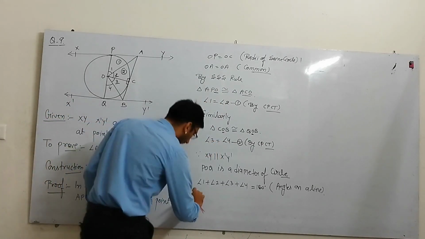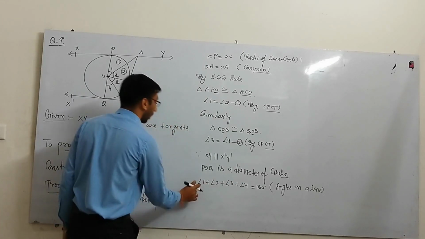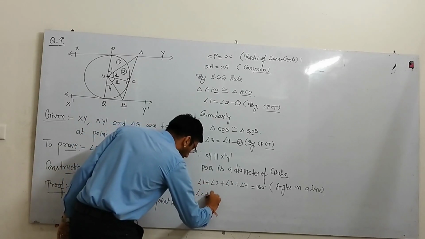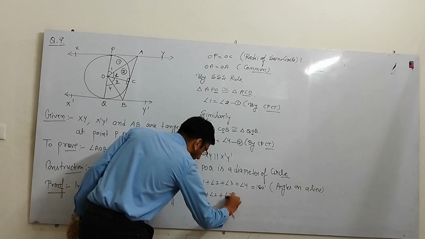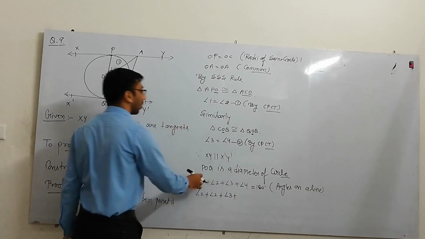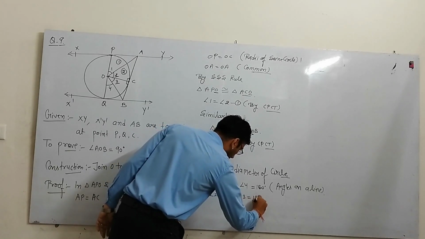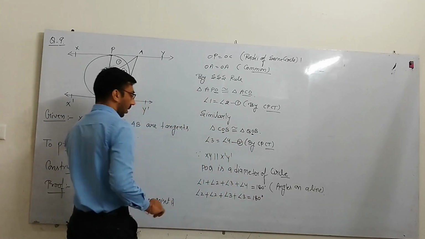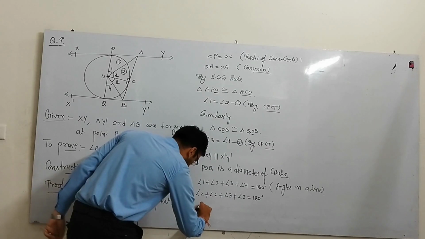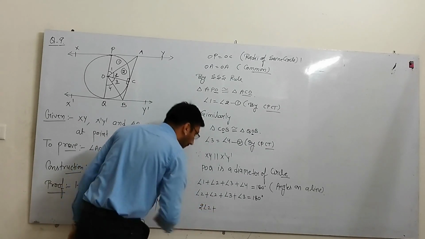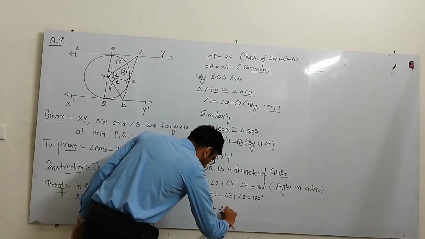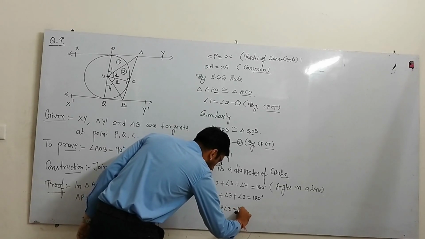So simply you can write on the place of angle 1 that angle 2 as it is, angle 3 as it is, and on the place of angle 4 we can write angle 3, and that is equal to 180 degrees. Angle 2 plus angle 2 that is twice of angle 2, angle 3 plus angle 3 that is twice of angle 3, and that will be equal to 180 degrees.